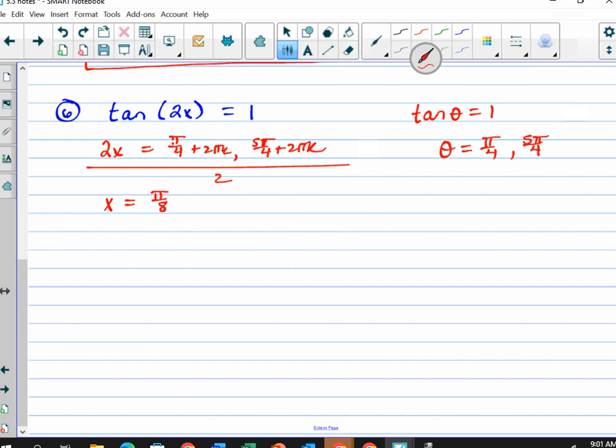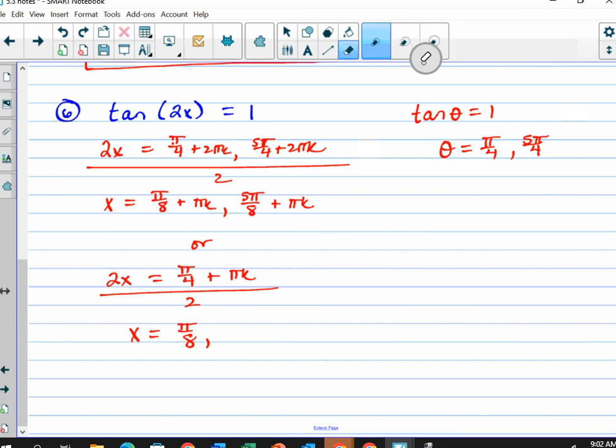Pi over 8 plus pi k, 5 pi over 8 plus pi k. Or, what is the period of tangent? Pi. So you could have just done pi over 4, the first answer, plus pi k, divided by 2.